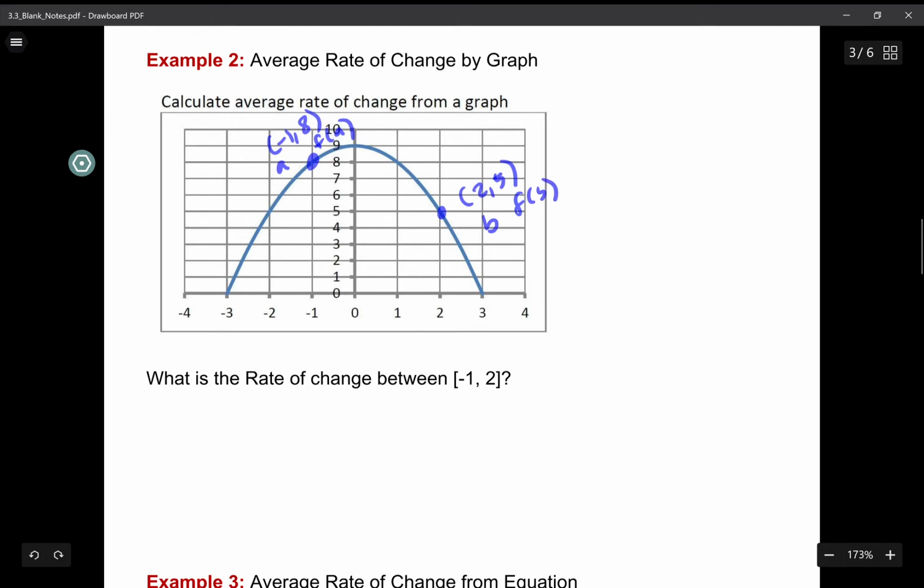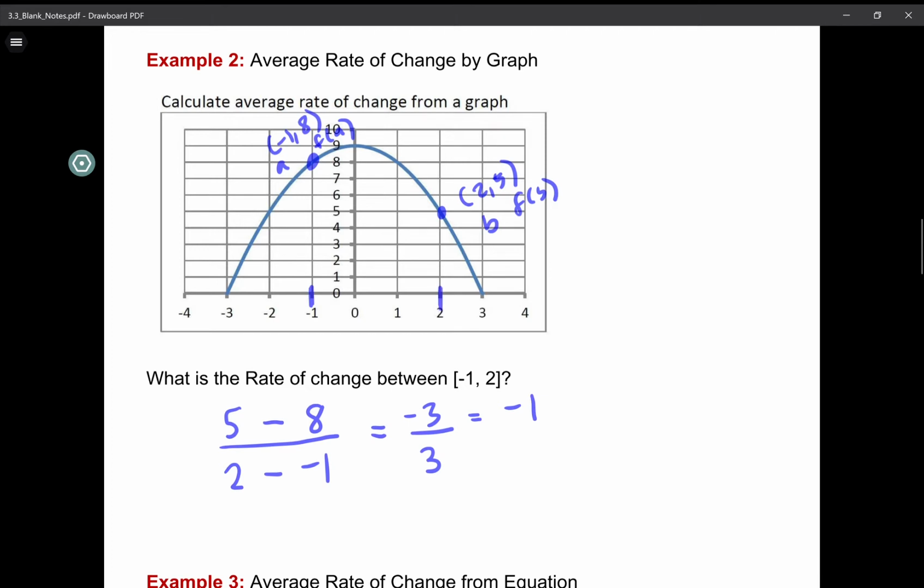All right, so 5 minus 8, that's f of b minus f of a, over b, 2, minus a, -1. That's equal to -3 over +3, which is equal to -1. So my average rate of change for the interval from -1 to 2 is -1.